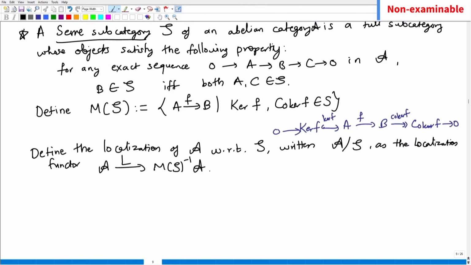So this is the localization. This is Serre localization.